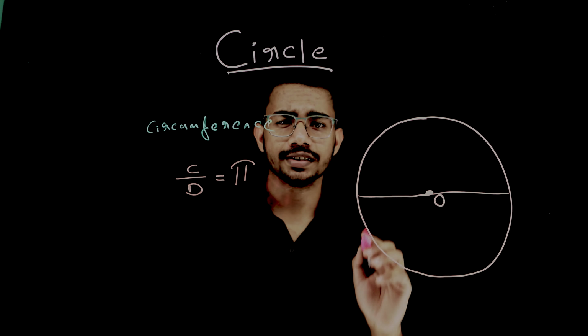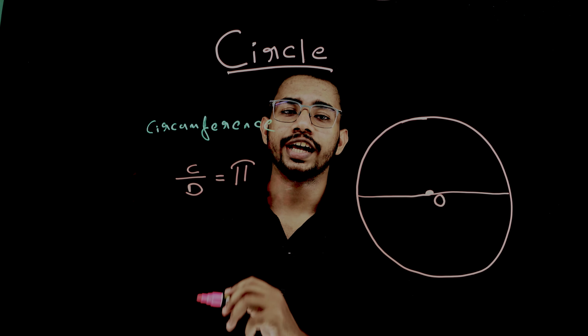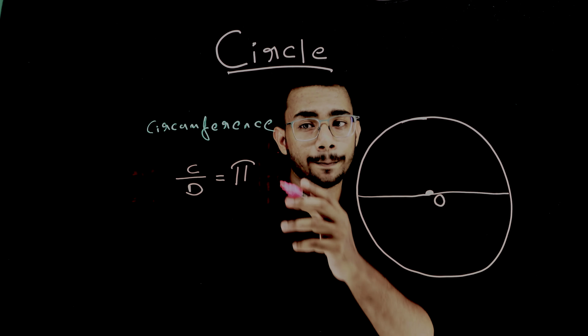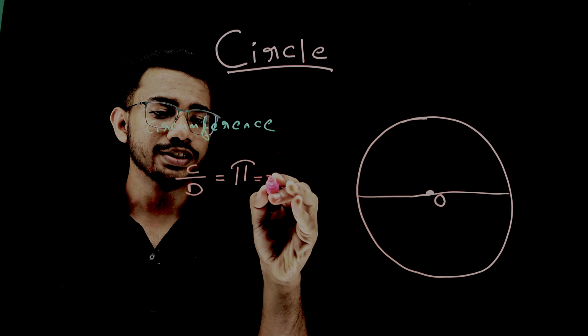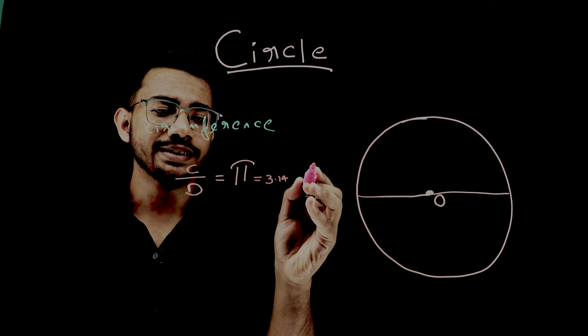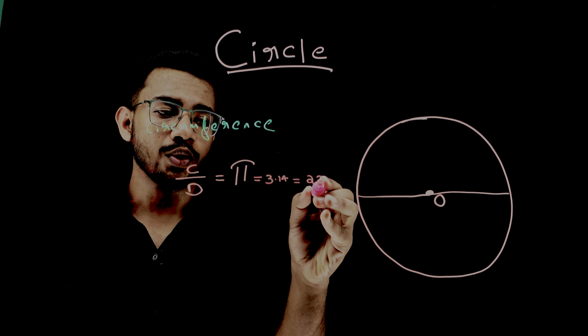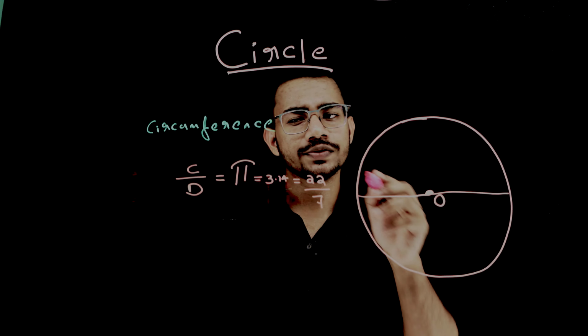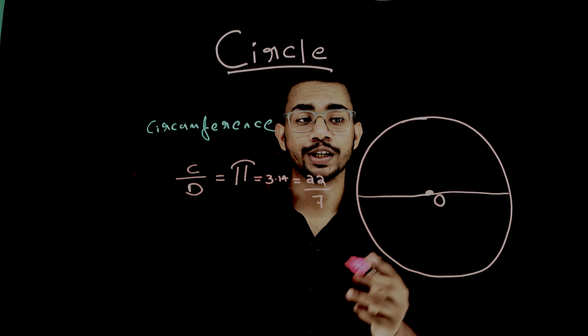Let it be any circle, the ratio of the circumference to diameter will always be pi, and the value of pi is around 3.14, and for better calculation we can use the value of 22/7.